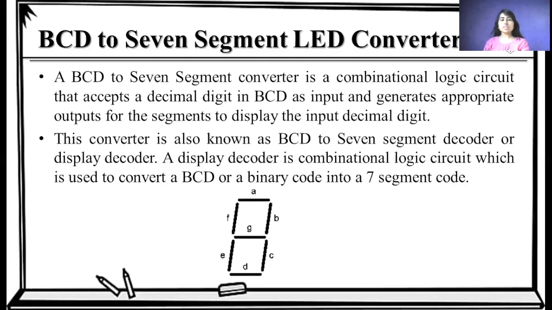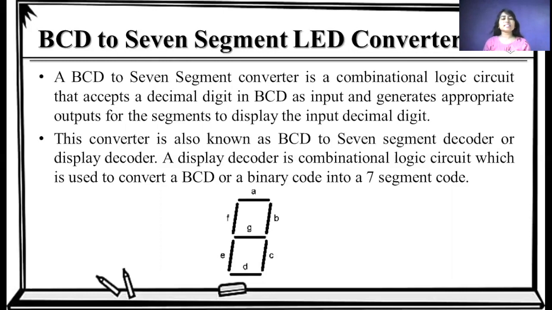So here is the graphical representation of a 7 segment LED. Using this 7 segment pattern we can display any number from 0 to 9. For 0 we have to turn on A, B, C, D, E, F, and G must be off. Then for 1, B and C. And then for 2, A, B, G, E, D. So this is how numbers can be represented in 7 segment code.